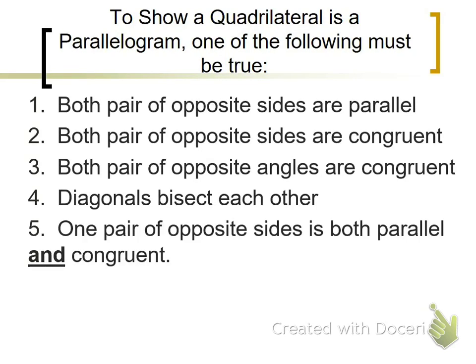All right, if we want to show that a quadrilateral is a parallelogram, we need to know one of the following to be true. This should be the list that you're most familiar with, the parallelogram list. We started on this all the way back in section 6.2 and 6.3. So by the definition, both pairs of opposite sides are parallel. That makes it a parallelogram.